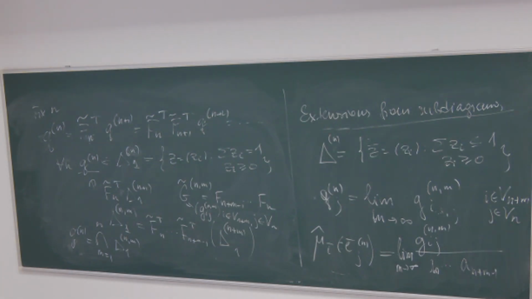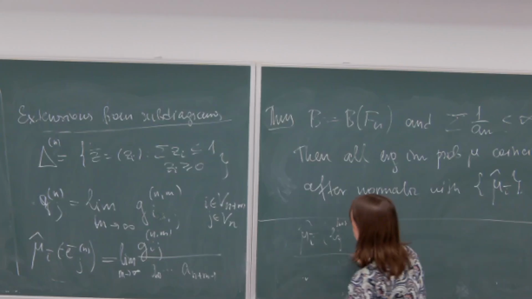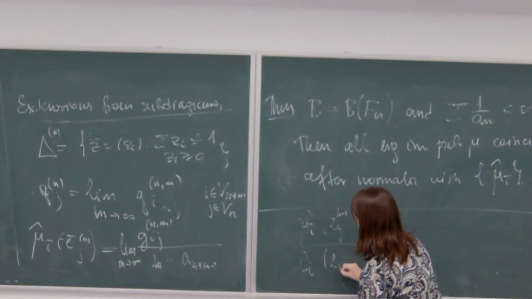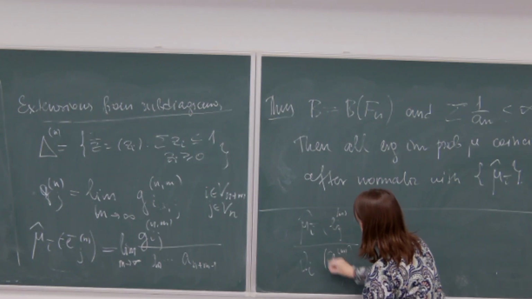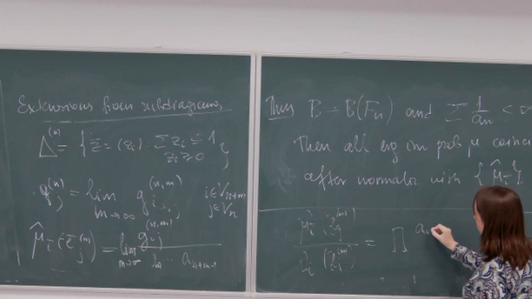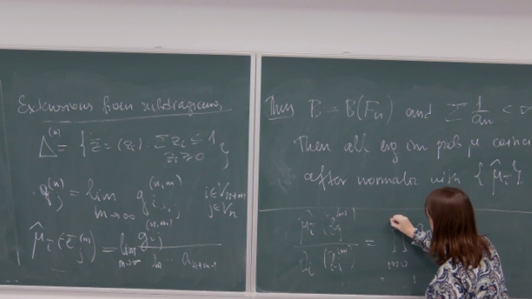And we can compute measures of cylinders and see that for every cylinder set, the ratio of the measure of the cylinder set obtained where the measure is an extension from an odometer, to the measure obtained from the inverse limit method, let's denote it by mu y, of the same cylinder, is the product of A_{n+2} over A_n, where n goes from 0 to infinity.